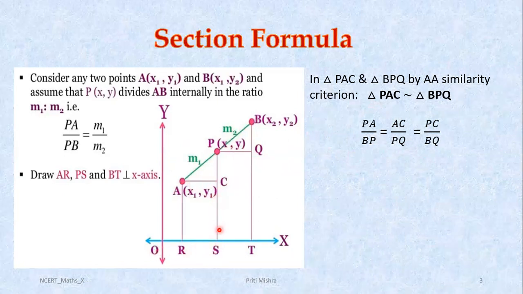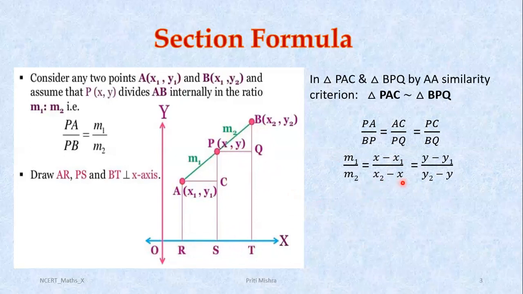See, OS is equal to x units. Here the coordinates of point P are (x, y). So OS is x and OR is x1. So this line segment AC will be x minus x1. PQ will be x2 minus x because this OT is x2 and OS is x.